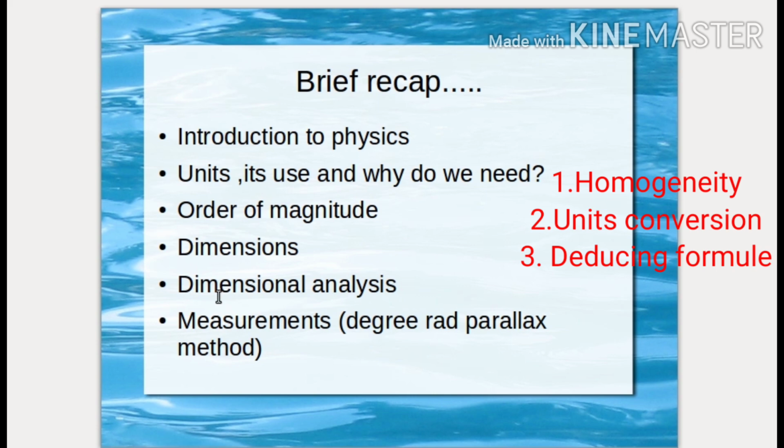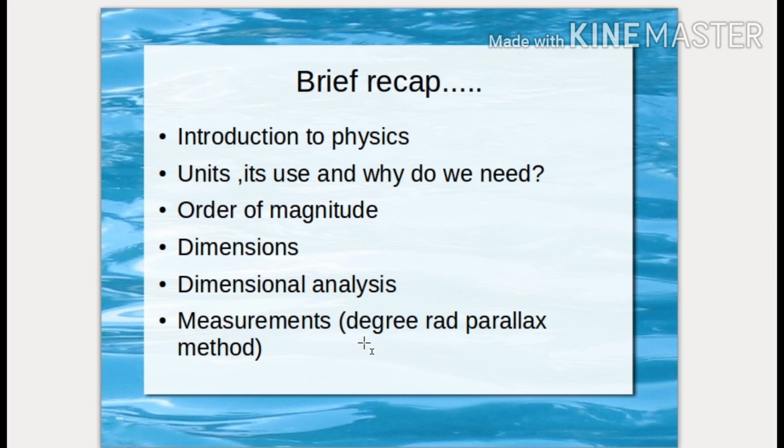And the last topic was measurement, in which we measured degree, radian, and the parallax method for measuring a long distance. I'm giving the link in the description, and you can also click the I button for the previous videos. So let us start.